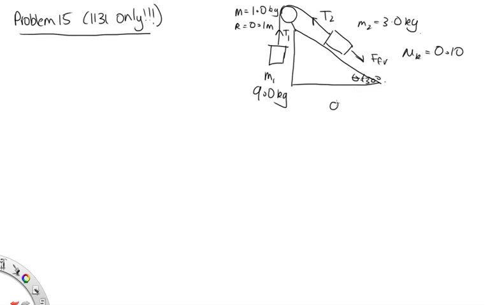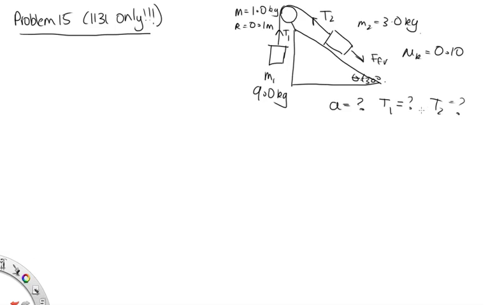In this question, we're asked to find the acceleration of the blocks and also T1 and T2, the tension between the pulley and mass 1 and the pulley and mass 2. So this question's more complicated than what we've seen before, but we go about it in exactly the same way.